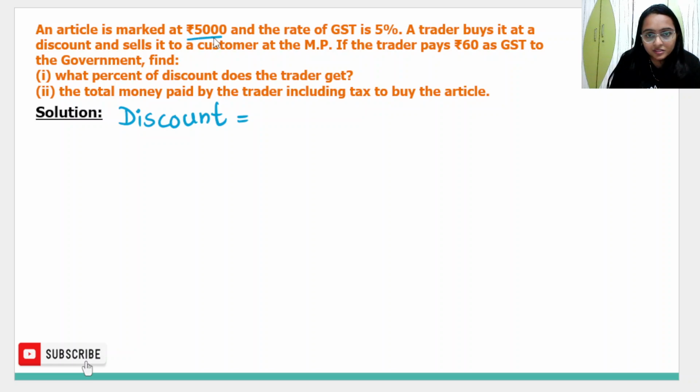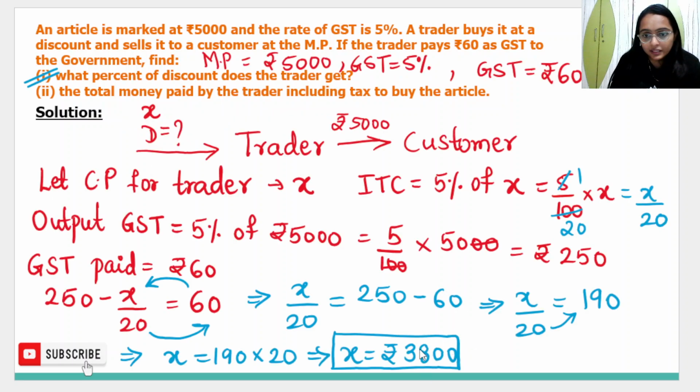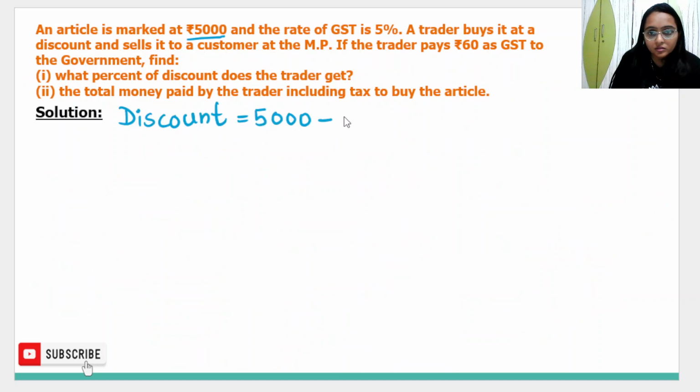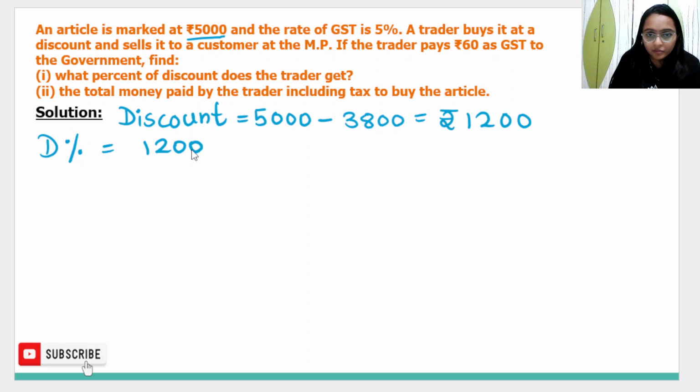The marked price is 5,000, but he got the article at 3,800. So 5,000 minus 3,800 gives you 1,200.